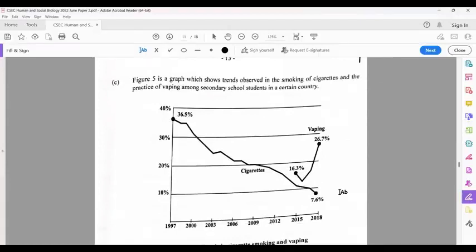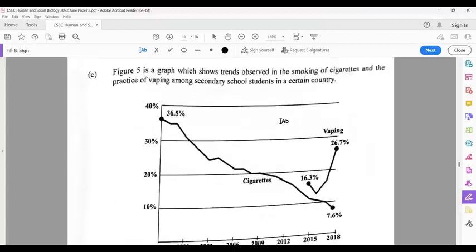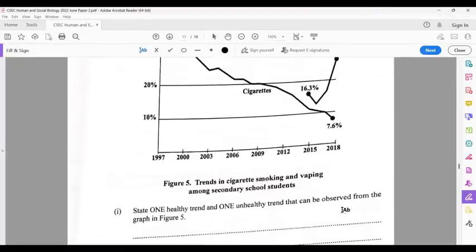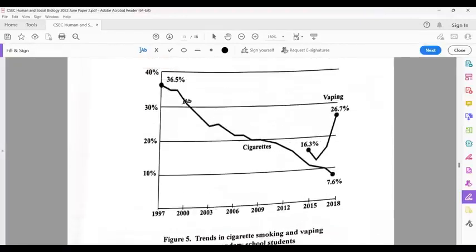Figure 5 is a graph which shows trends observed in the smoking of cigarettes and the practice of vaping among secondary school students in a certain country. State one healthy trend and one unhealthy trend that can be observed from the graph in figure 5. Well, you see cigarettes going down, that's a good thing. So that's the healthy trend. But vaping going up, vaping jumped up drastically in a short space of time.